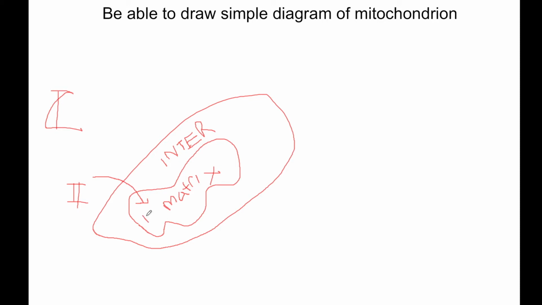Stage 3, Roman numeral 3 here, that happens in the matrix. That's the citric acid cycle. Stage 4 happens on the inner membrane. So here's the outer membrane, here's the inner membrane. Stage 4 happens on the inner membrane.